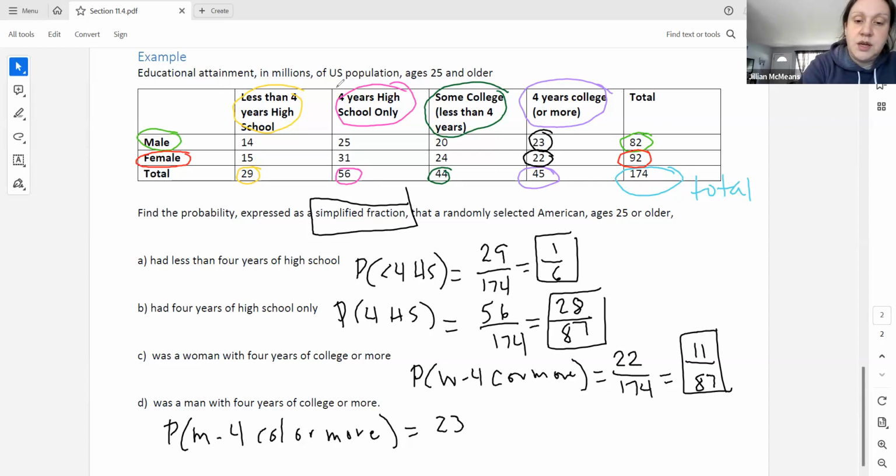So we do 23 over 174. And again, you could do the same thing, 23 divided by 174. See if your calculator will turn it into a fraction. In this case, this is as reduced as it's going to get. So this would be your final answer. So 23 out of 174 million people consisted of men with 4 years of college or more.